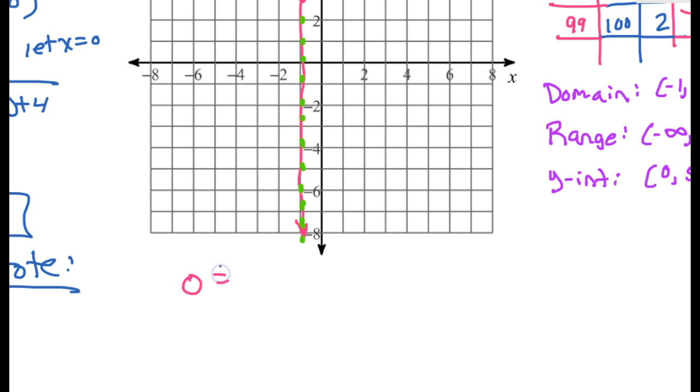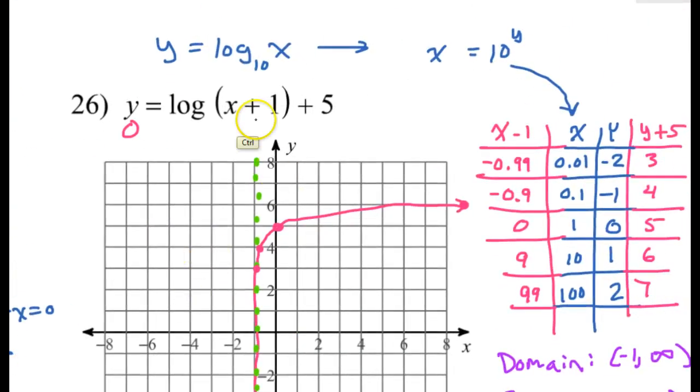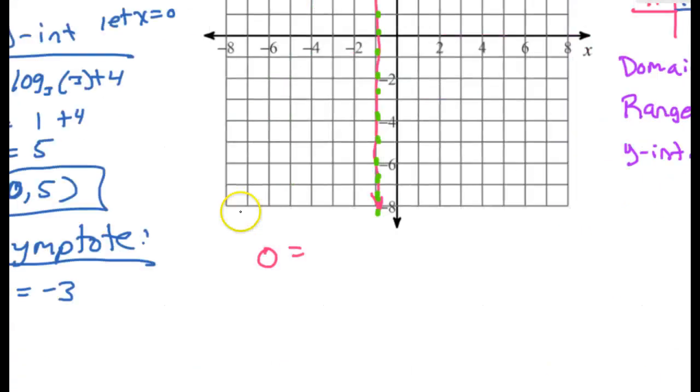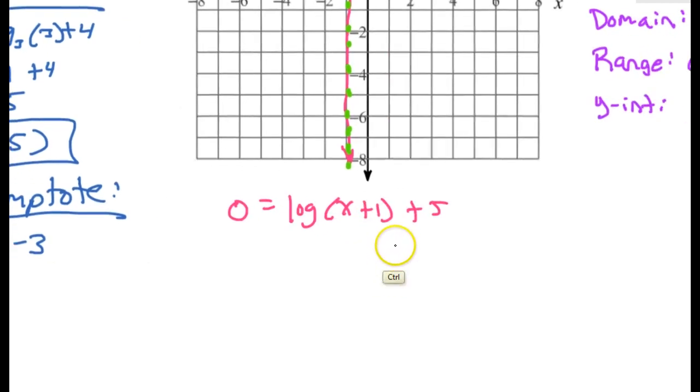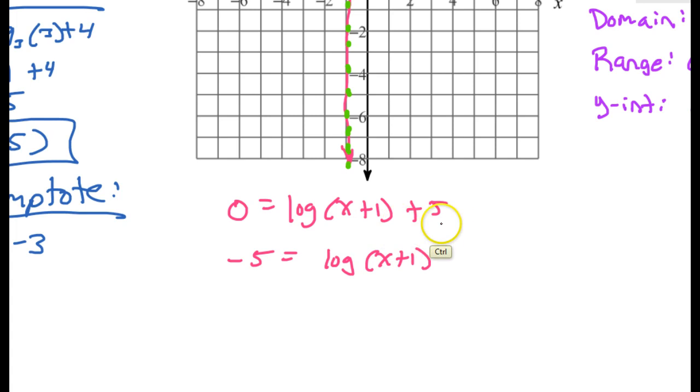That's going to give me 0 equals log(x + 1) + 5. If I solve this for x, that's going to give me the x-intercept. So we'd have to subtract 5 from both sides. So we'd have -5 equals log of (x + 1).